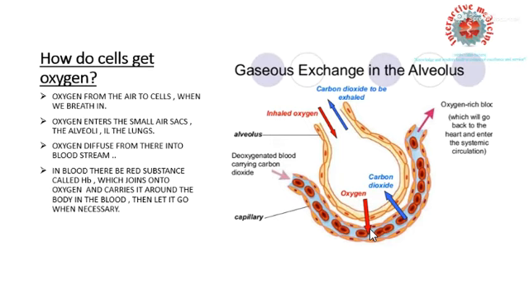Hemoglobin is present in the surface of RBC. One molecule of hemoglobin can combine with four molecules of oxygen, and carries it around the body in the blood. Then it lets it go when necessary.